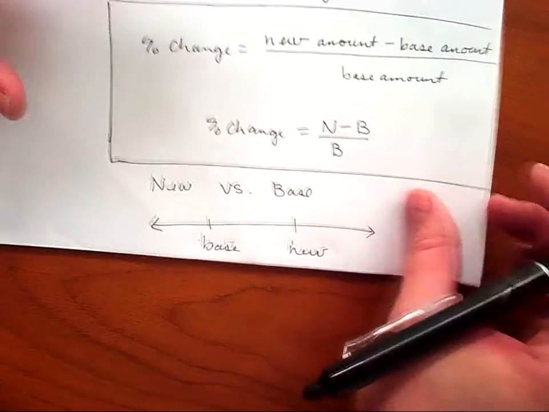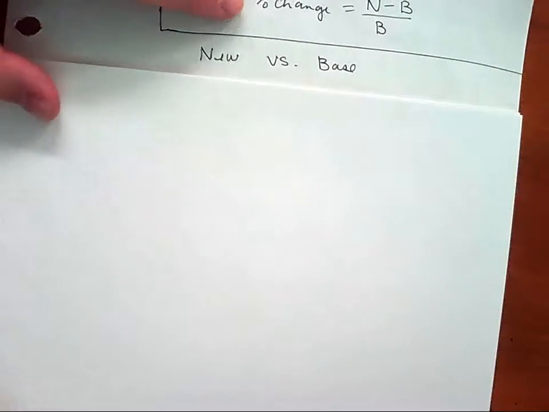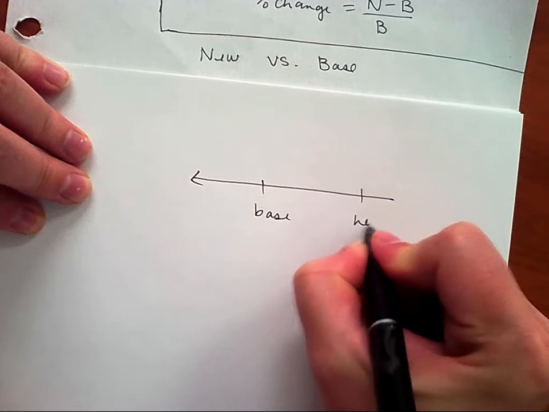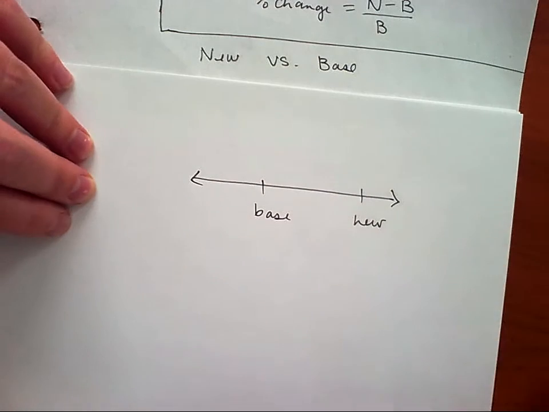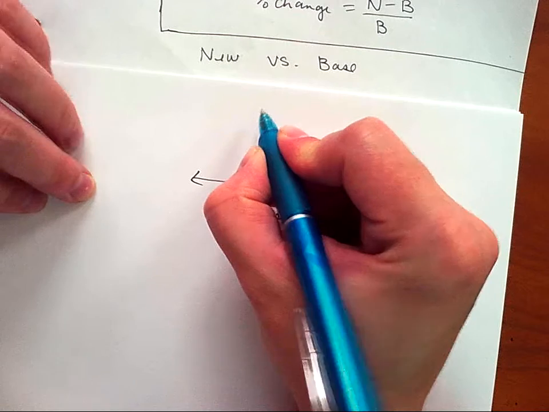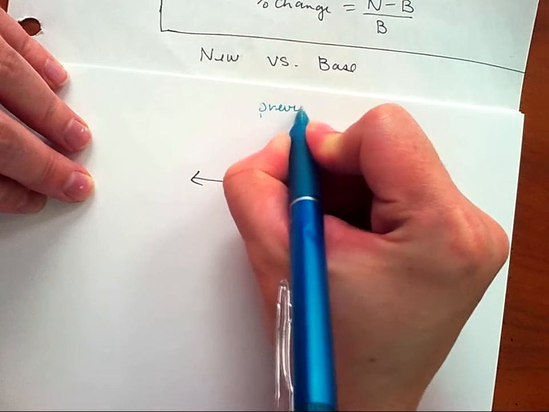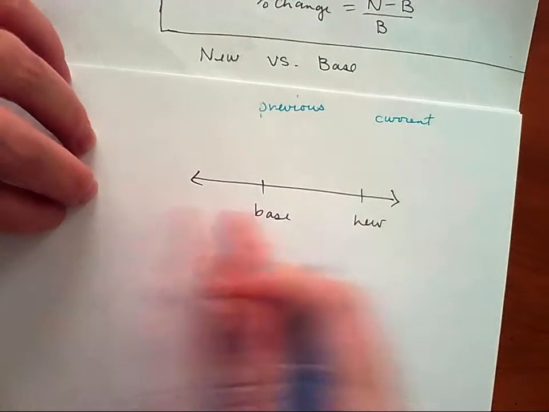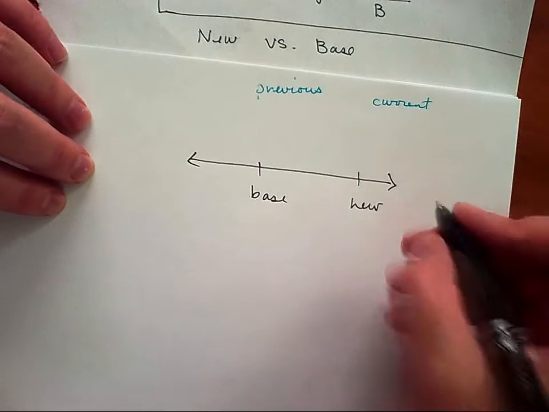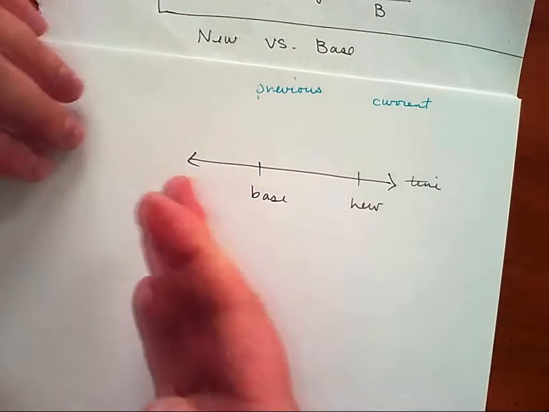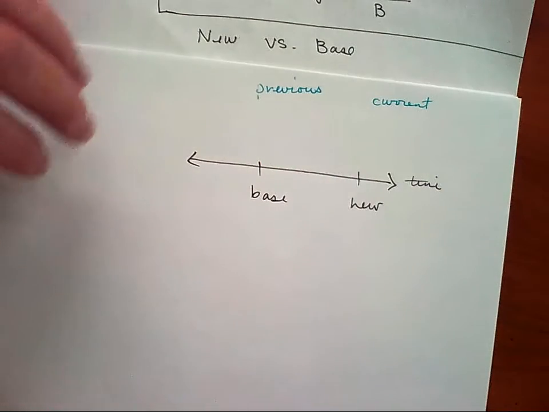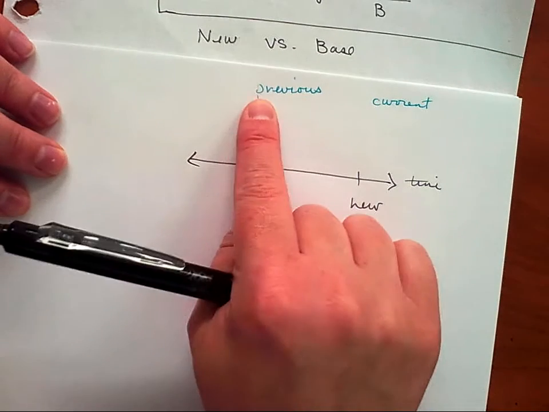So let me write this on the other page. If you have a question, you could have your previous amount and your current amount. So this is in terms of time, right? Time is linear, right? So base amount is your older amount, and your new amount is your newer one. Here we have previous and current value.